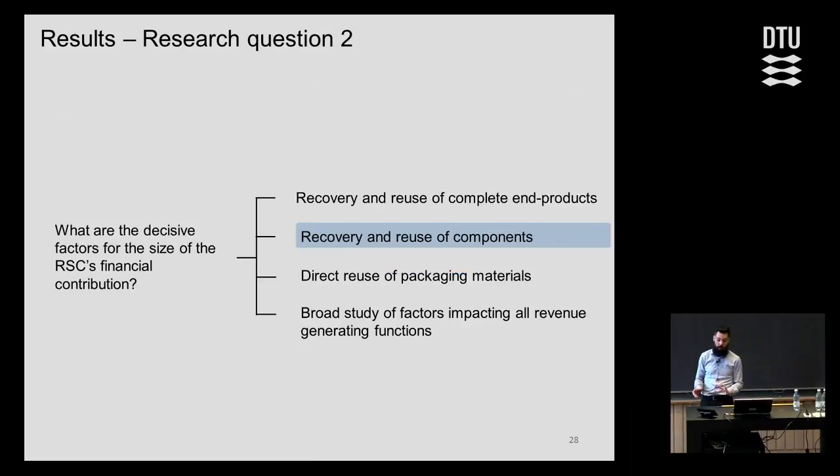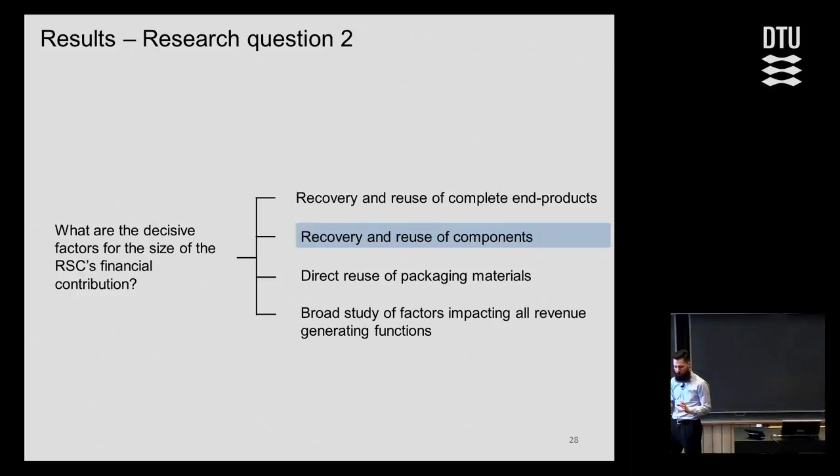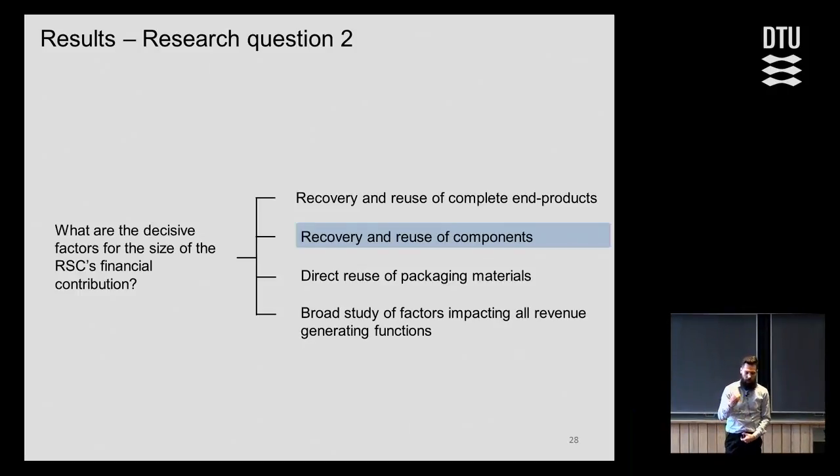So those were the factors that affect recovery and reuse of complete end products. Next one is recovery and reuse of components. And I didn't make a slide about it, but this is a company that takes back a particular component for their product, and then they recover it and insert it in their product.